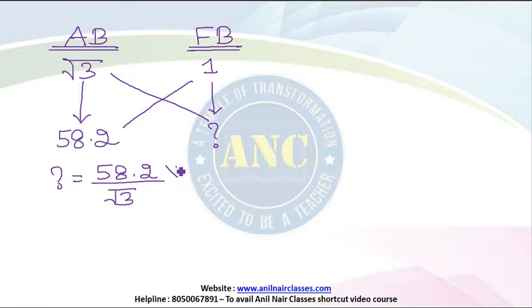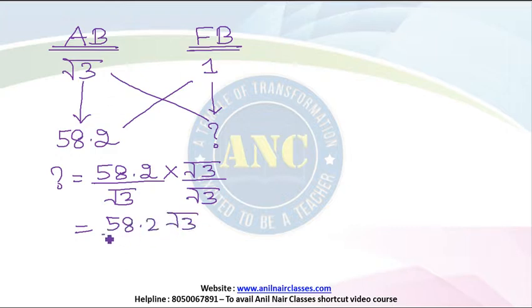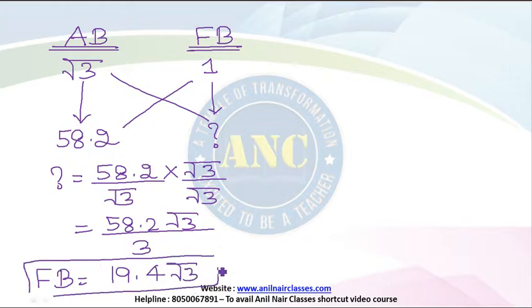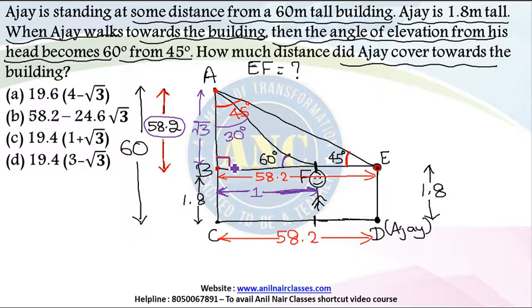I don't want root 3 in the denominator, so multiply by root 3. This finally becomes 58.2 root 3 divided by 3. So your FB value is nothing but 58.2 by 3, which is 19.4 root 3.